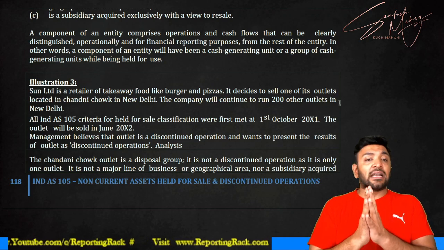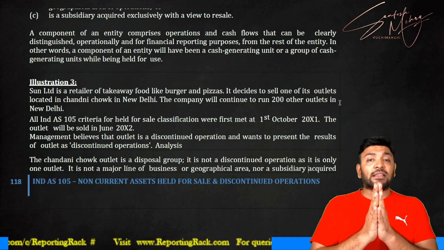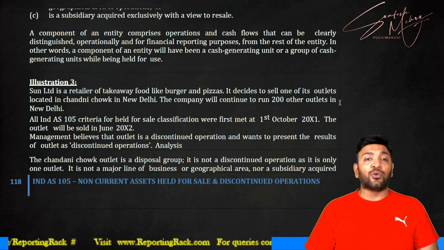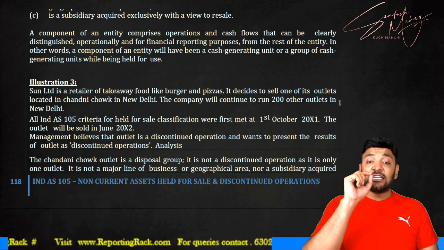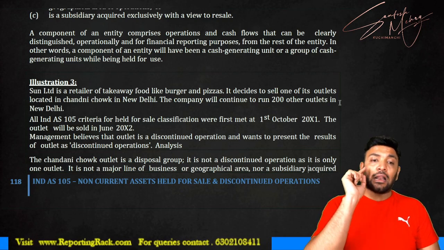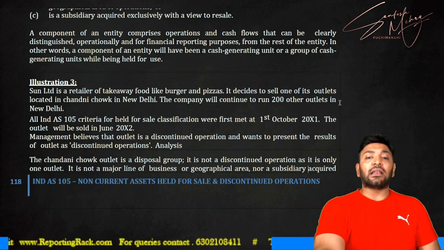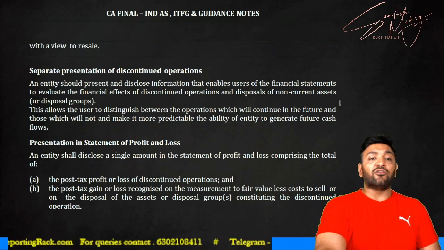It cannot be considered a discontinued operation because it does not satisfy the definition of a component of an enterprise. The Chandni Chowk outlet is a disposal group, not a discontinued operation, as it is only one outlet. It is not a major line of business or geographical location, nor is it a subsidiary acquired with a view to sale.